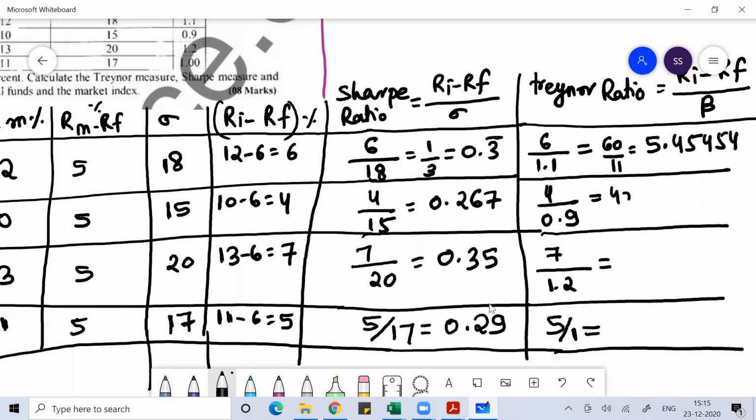Then this is 40 by 9, which is 4.4444. Then 7 by 1.2 means 70 by 12, which is 5.833. And this is 5.